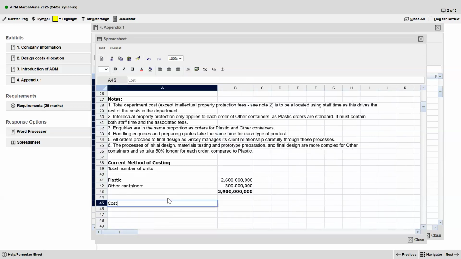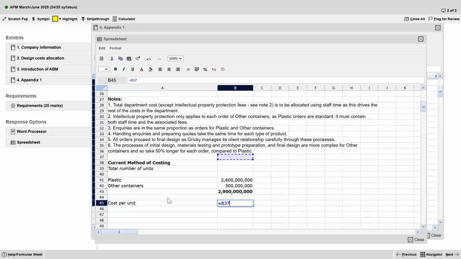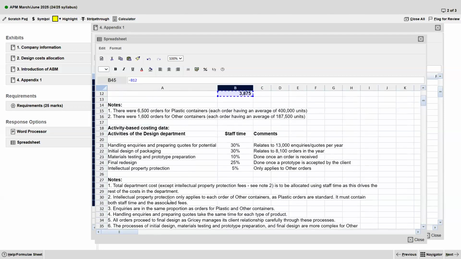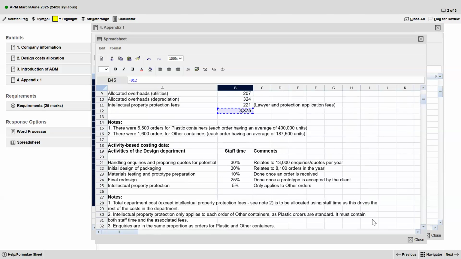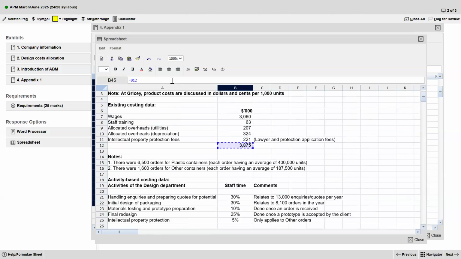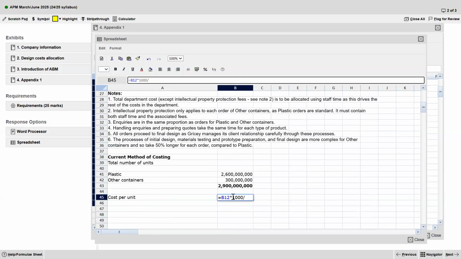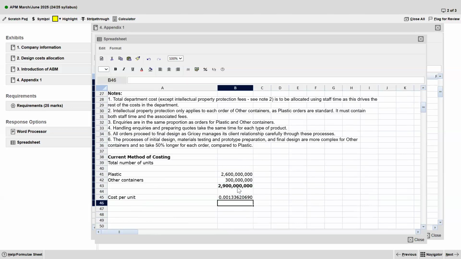Now, cost per unit will be this, 3,875,000, right? Divided by 2.9 million.